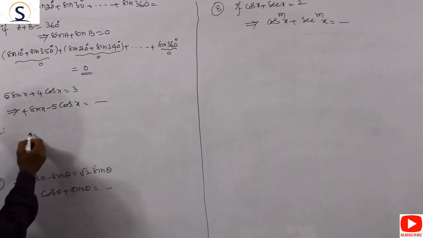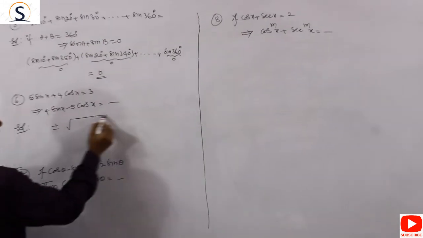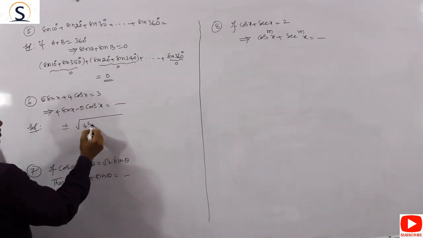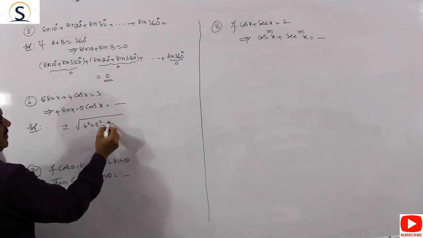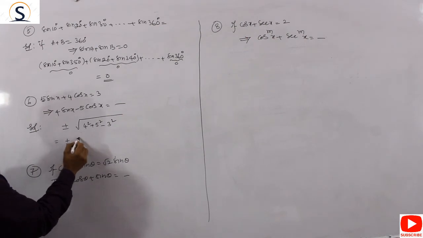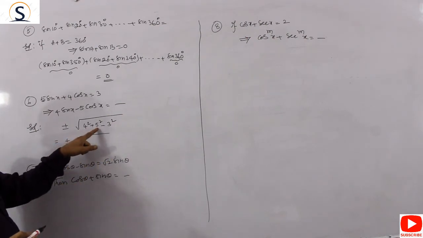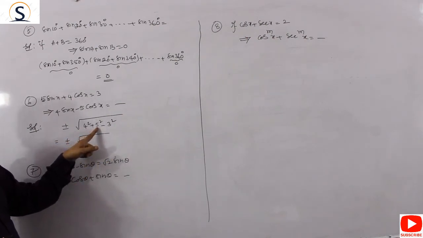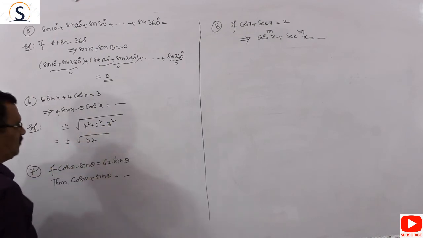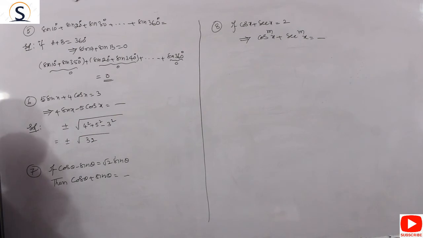Here the answer is plus or minus under root of a square plus b square minus c square. This is equal to plus or minus under root 16 plus 25, 41 minus 9. 41 minus 9 is 32. Therefore, this is plus or minus root 32.